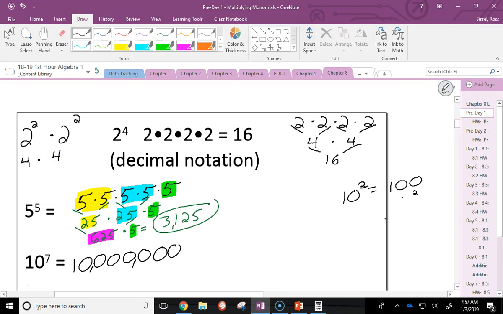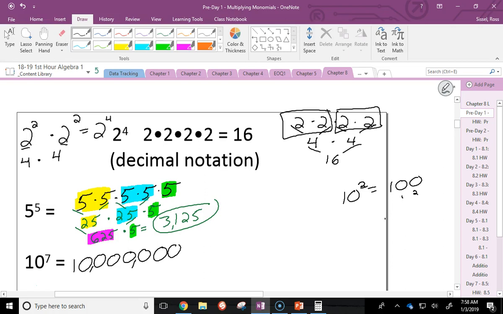We still get our same answer. If I would have done this, my base was 2, and 2 plus 2 is 4. The reason we're adding them is it's just showing how we're grouping it. That 2 squared was there, the other 2 squared was there, I'm still putting them all together.